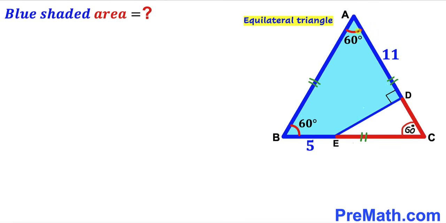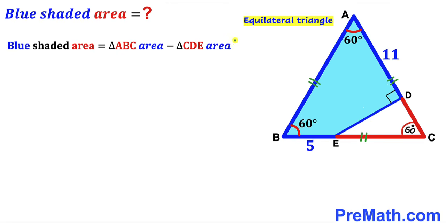And now, since we are interested in calculating the area of this blue shaded region, let's make an observation and focus on this equation. The blue shaded region area is going to be equal to the area of the big triangle ABC minus the area of this small triangle CDE.